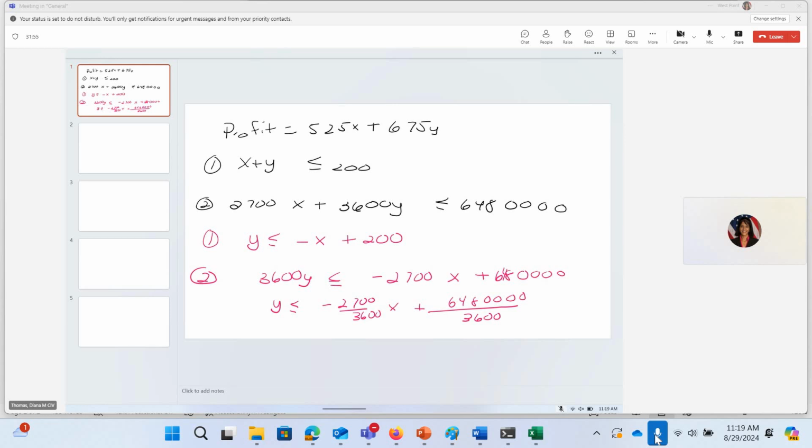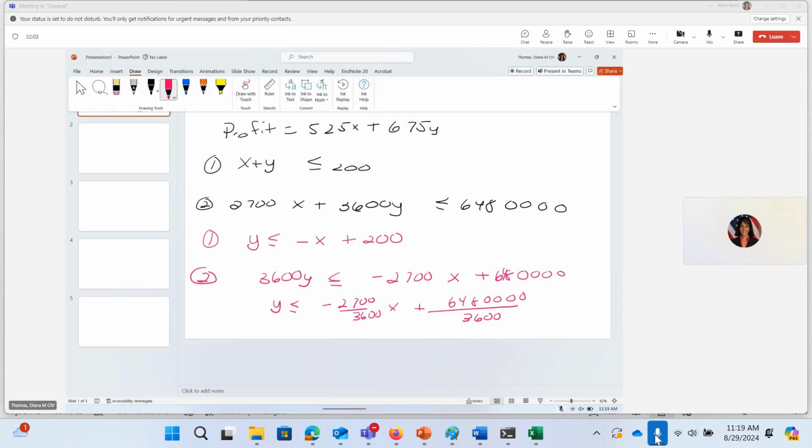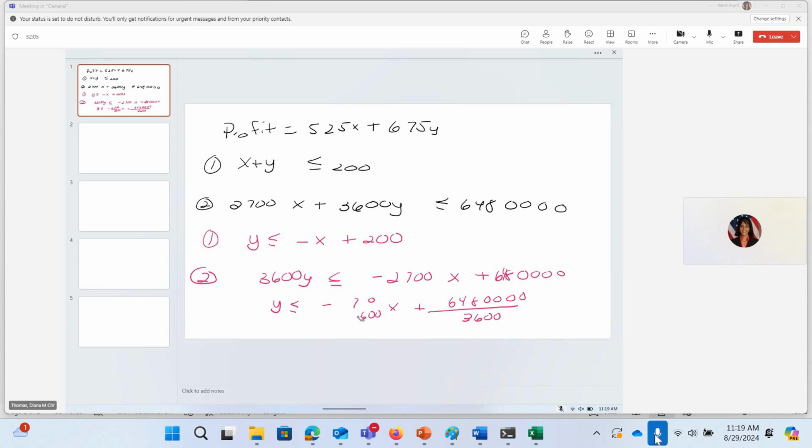This is really just 3/4. And the other one is nasty. I guess if you have rupees, you're used to dealing with that large of a number. And that's 1,800. So if I want to erase this, this is 1,800.